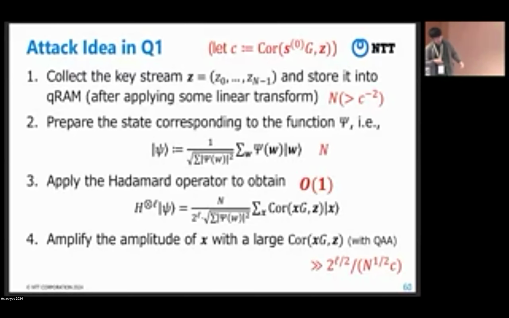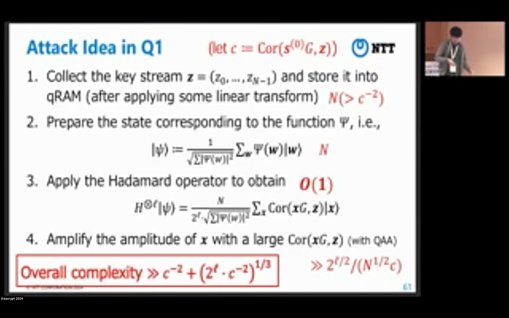Finally, I won't explain the details, but the fourth step requires much more complexity like this. With some calculation, we can confirm that the overall complexity is more than this value.